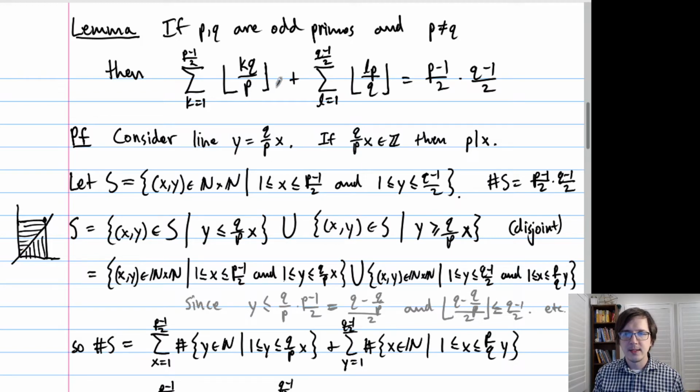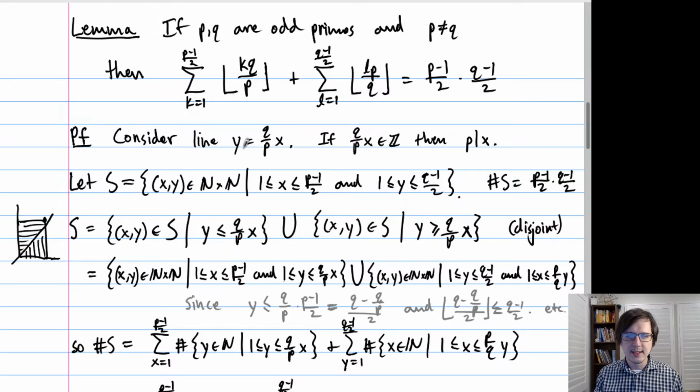It's the sum over k of the floor of k times q over p, plus the same sum but with q and p reversed. The proof for this is fairly geometric.